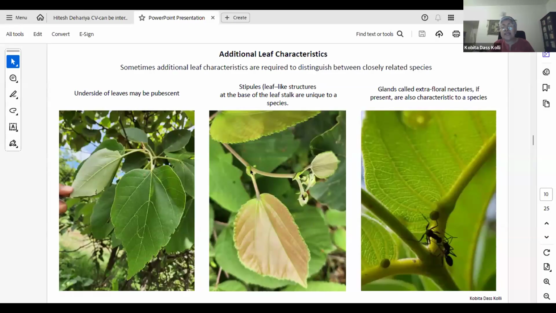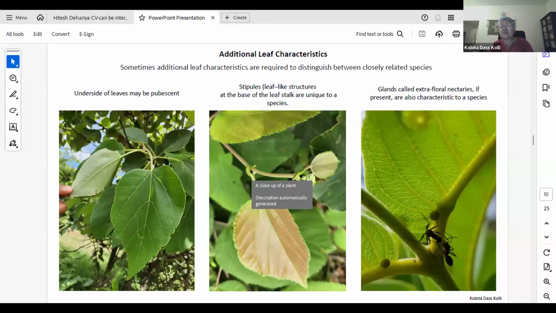If you see, they look like wings, angel wings. They're rather large, but they drop off after some time. So try to get the tip of the branch where you have new leaves and the stipules are clearly visible. The color of the leaf you can see is pink, and that helps as well because it's a new leaf. So do get maybe the tip of the branch along with the leaves and stipules if you can.